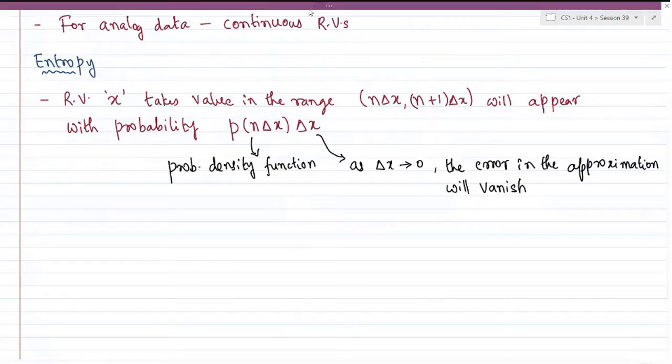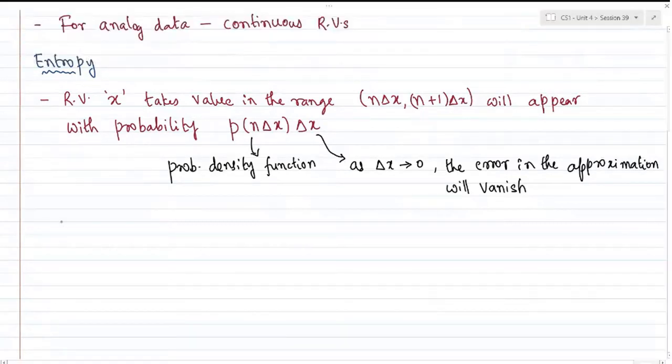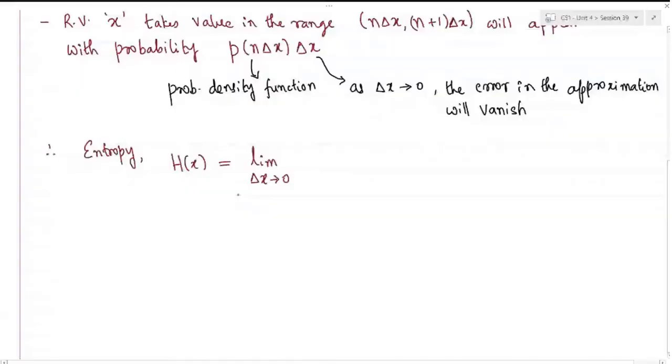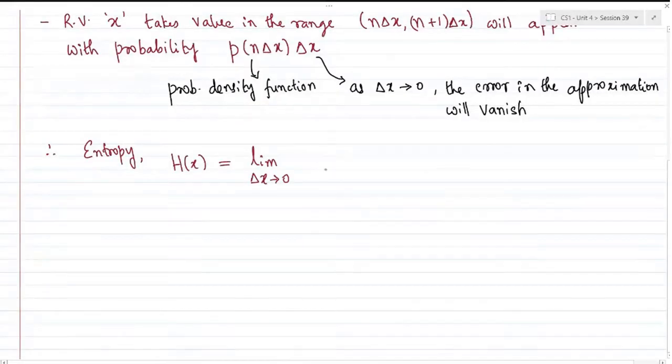Okay, and hence we can define H of x, the entropy. Therefore, for a continuous random variable, the entropy H of x now can be defined as limit delta x tends to 0, since the continuous random variable remains the same, it's the product of the probability and logarithm of 1 over probability.